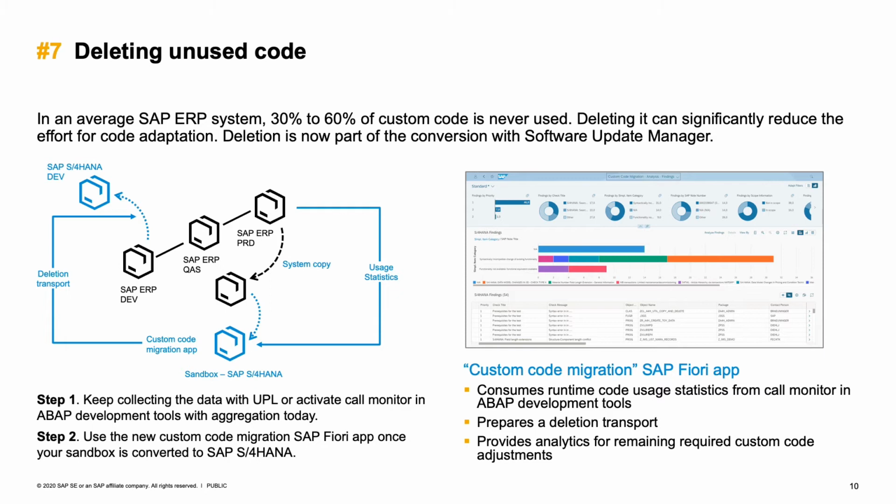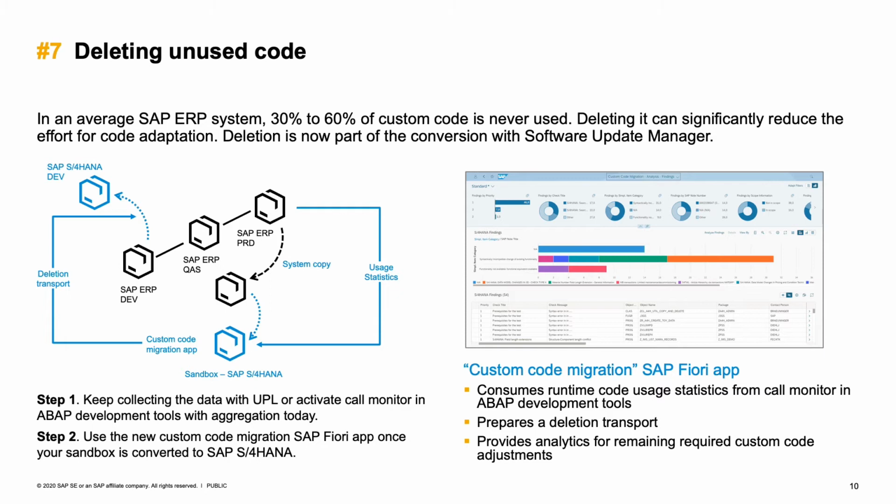Only this way can you make sure that all the statistical information is correct and no object is overlooked. In step 2, once you've done the recording, you leverage the new custom code migration app once you've converted to S/4. In this Fiori app, you can evaluate your custom code base and utilize the statistics that we recorded in the previous step to determine if objects are used or not. Based on that, we decide if it can be deleted.